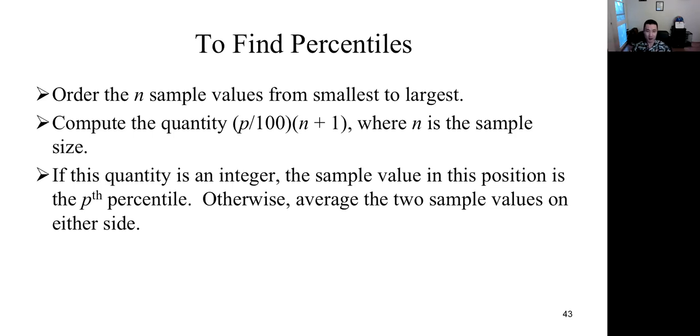For example, for the 11th percentile, we calculate 11 divided by 100 times (n plus 1), where n is the sample size. Again, if this number is an integer, then the sample value in that position is the p-th percentile. Otherwise, we take the average of the two samples on either side. Same idea.